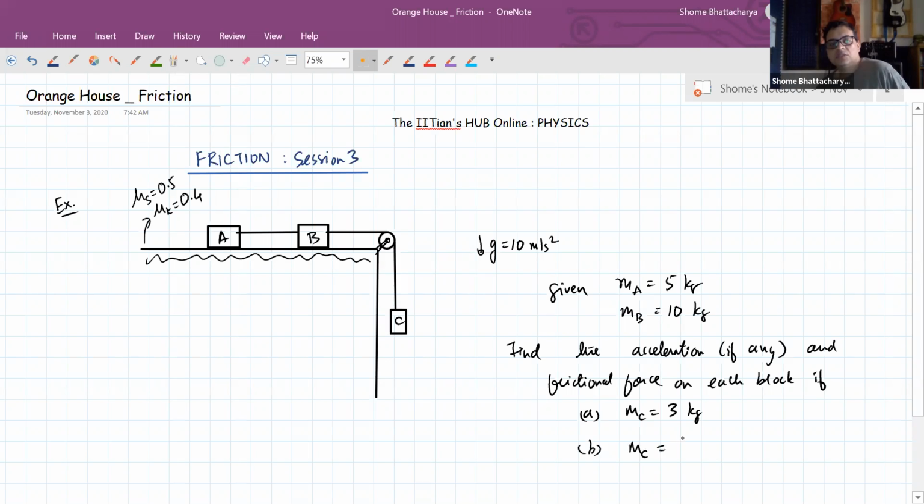Second case, mass of C is increased to 6 kilograms. And third case, mass of C is increased to 10 kilograms. Right. So just try out this question, people.